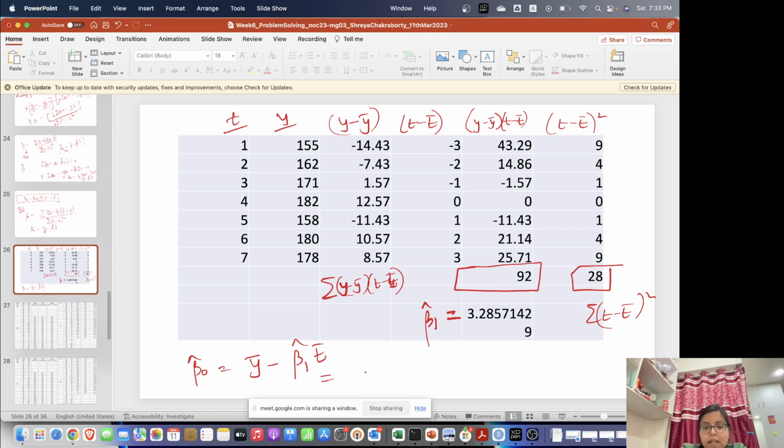Then here y bar is 169.43 minus 3.286 into 4. Then we would get this as 156.286.